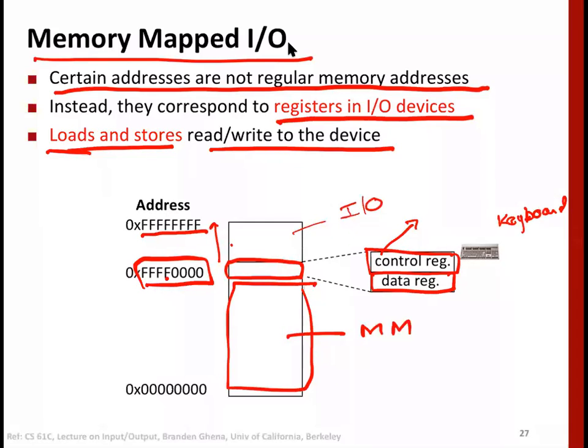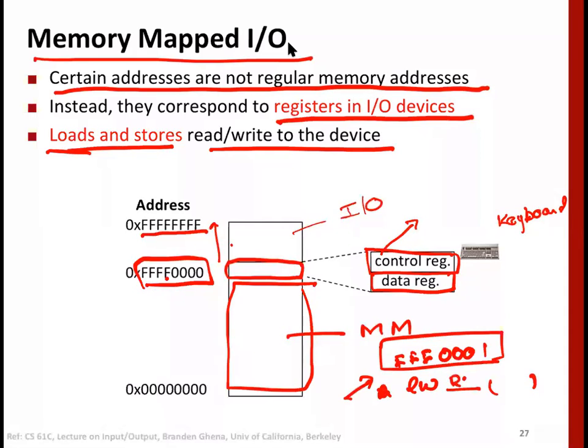For example, say I have a laser printer and we say my laser printer is mapped to the location FFFF0001. Now when I do load word, and in a register, say S1, I give this address FFFF0000 using, of course, some registers, if this is the address, then what are we doing?